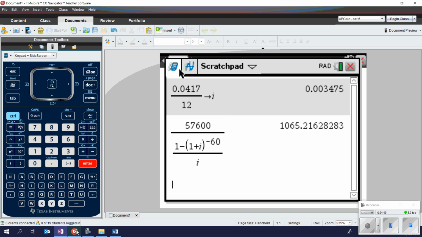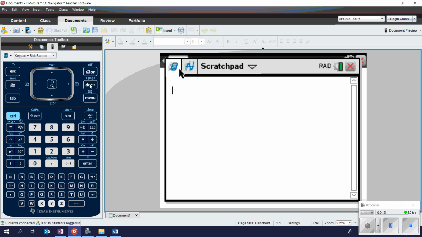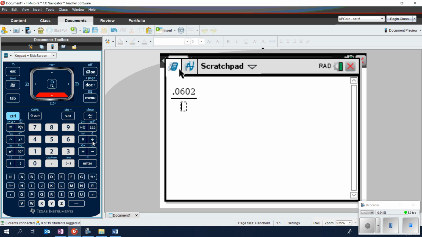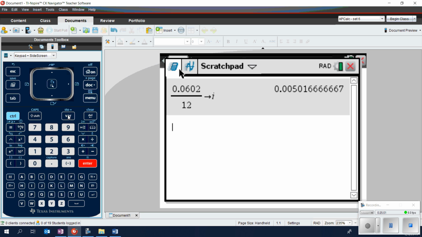No, it's not. Okay. So, calculator. First of all, we have to make sure I is stored. 0.0602 divided by 12, stored for I. Negative log of 1 plus I. Negative 24,000 I over, what is it, 352.79.